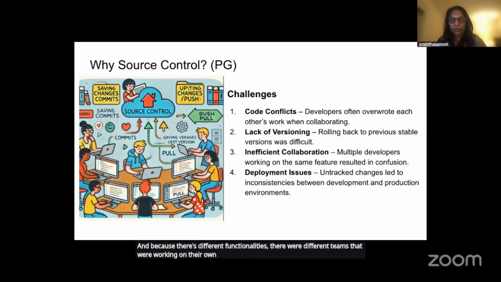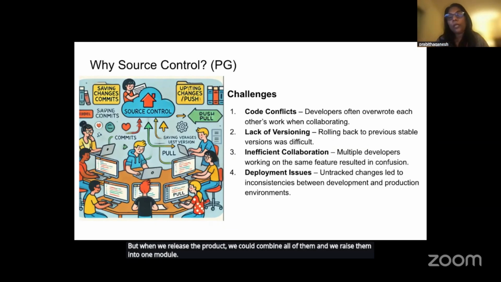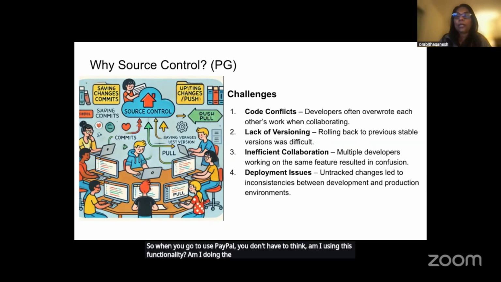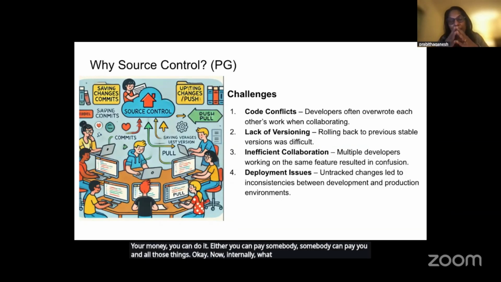There are different functionalities, so different teams worked on their own on each of those. When we released the product, we combined all of them into one module. So when you use PayPal, you don't have to think about which functionality you are using. You can either pay somebody or somebody can pay you.